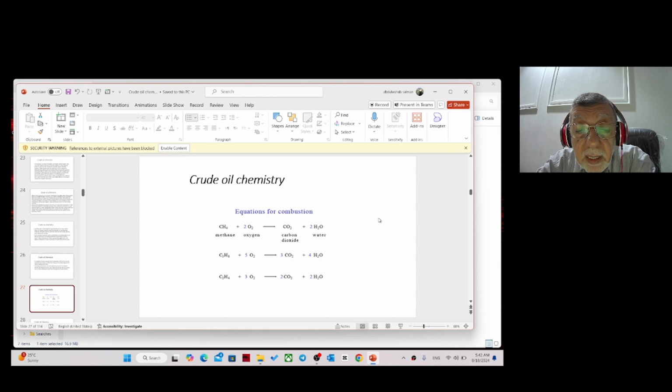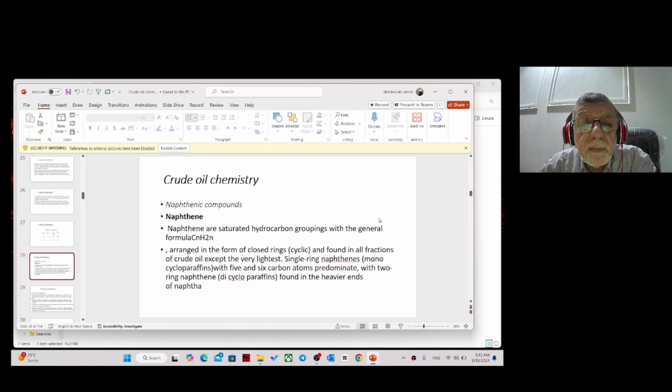It gives heat. So for 2 carbon atoms and 4 hydrogen atoms, that is ethane, when it reacts with oxygen, it needs 3 molecules of oxygen to give 2 molecules of carbon dioxide and 2 molecules of water. Now this is about alkanes or paraffins.